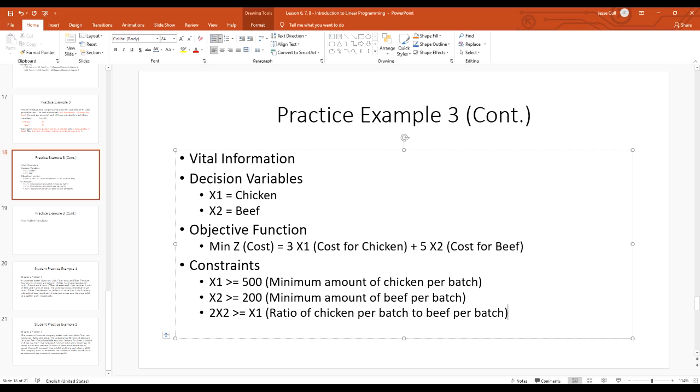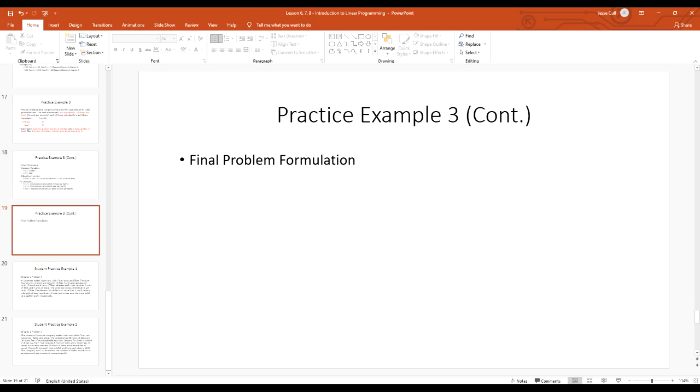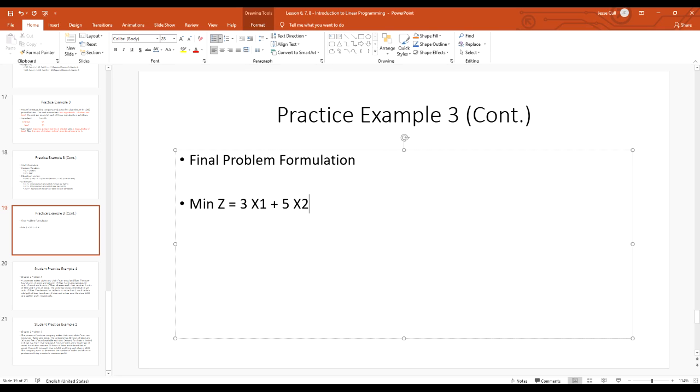So the final step here for practice question 3 is to collect all of the relevant information in one place in our standard format. So min z is equal to 3x1 plus 5x2, subject to constraint number 1, x1 must be greater than or equal to 500.